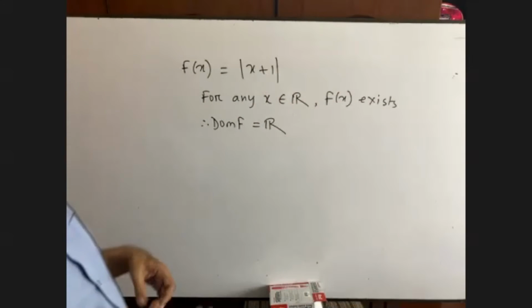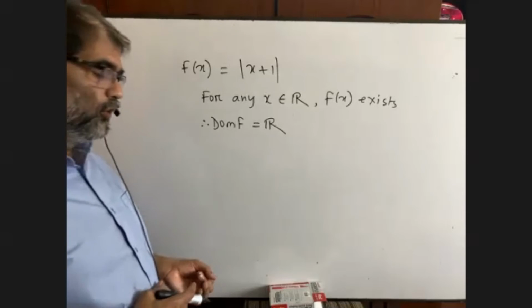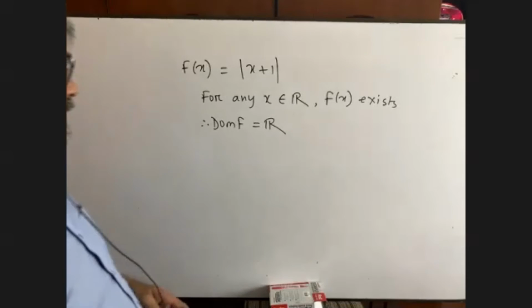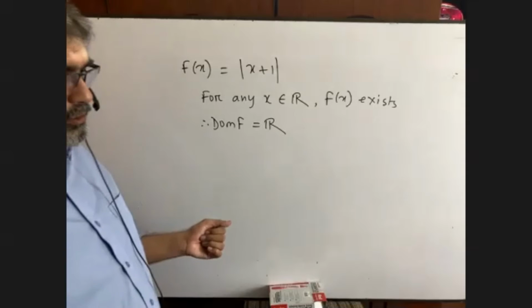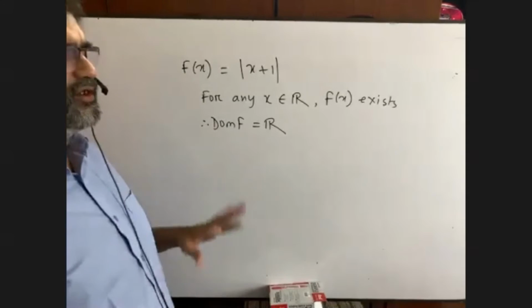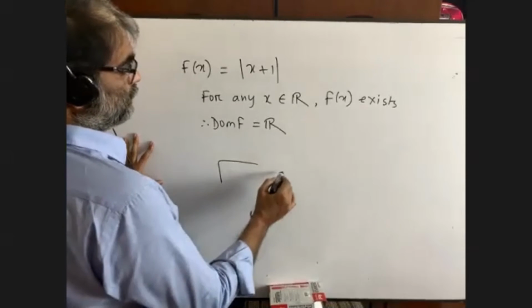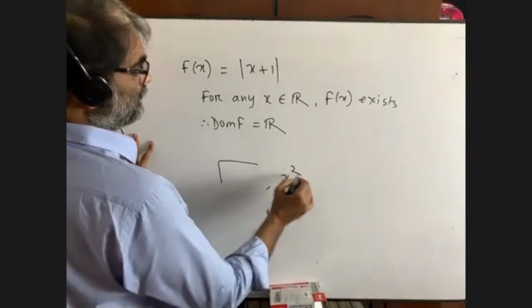That is how we find the domain. If it is not a square root and not a fraction, then the domain is R. Very easy and simple.